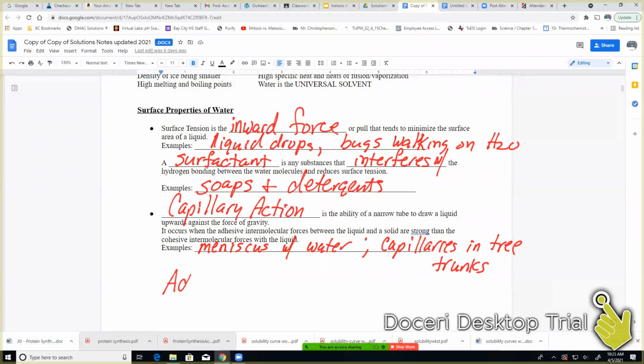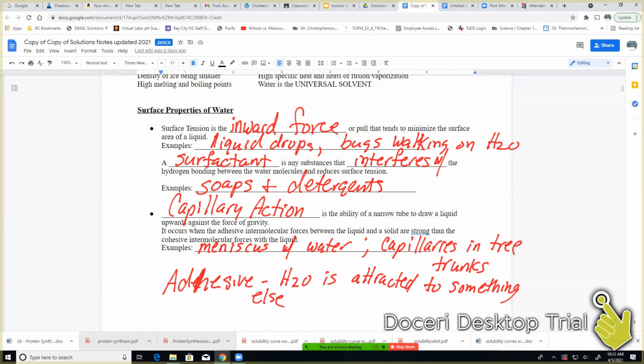So adhesion, or adhesive, y'all did these in biology. This is when H2O is attracted to something else. So that's what you would see in capillary action because it's attracted to the size of the little glass tube.